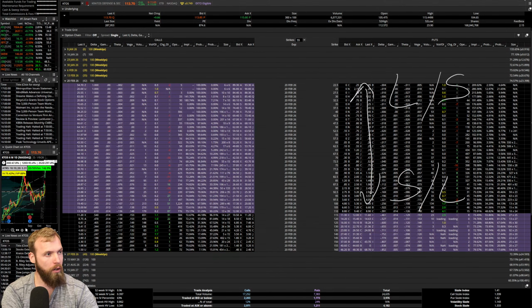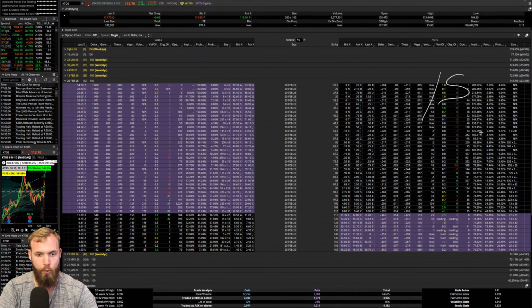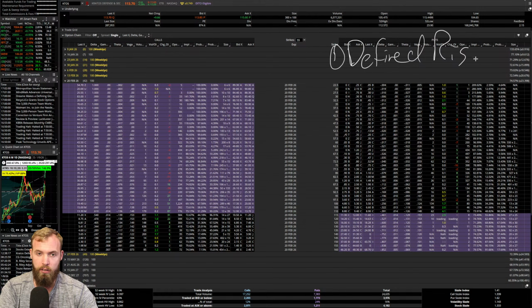Now, a vertical spread is super common for starter traders because there are some benefits. The first benefit is the defined risk. If we draw out what a vertical looks like, we can be long or short, and we can be either long a call spread or a put spread, short a call spread, short a put spread.